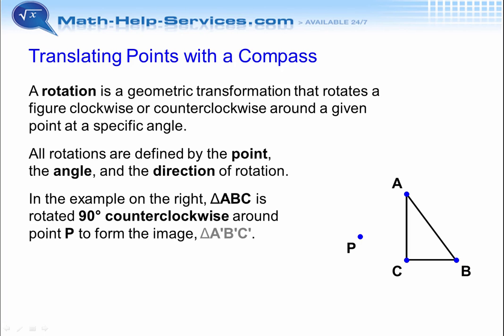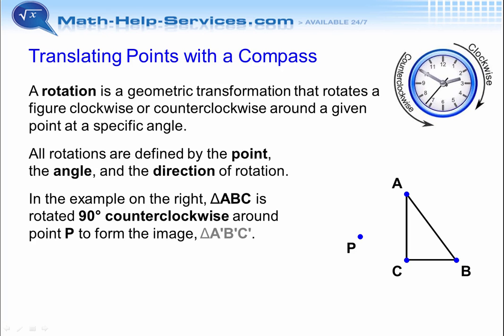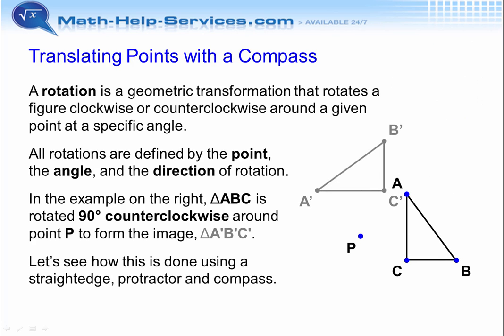In the example on the right, triangle ABC is rotated 90 degrees counterclockwise around point P to form the image, triangle A', B', C'. Notice the two directions, clockwise and counterclockwise, and the rotation would look like this. Let's see how this is done using a straight edge, protractor, and compass.